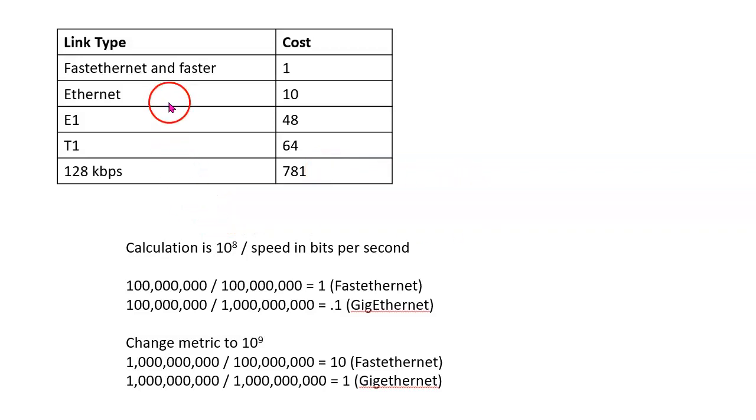So let's take a look at the calculation here. This is Fast Ethernet. Fast Ethernet is 100 megabits per second. That's 100 million bits per second. Well, that's also 10 to the 8th power. So if we take 10 to the 8th power and divide by that 100 million bits per second, we get 1.